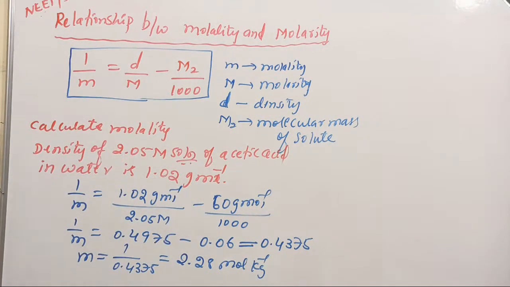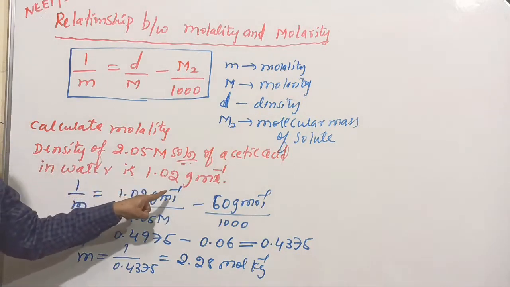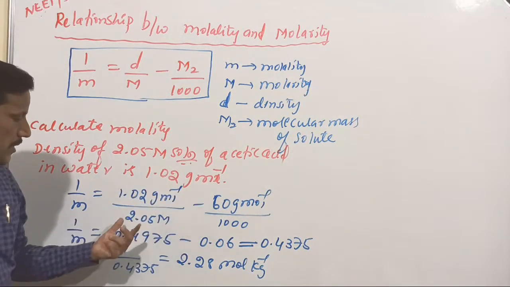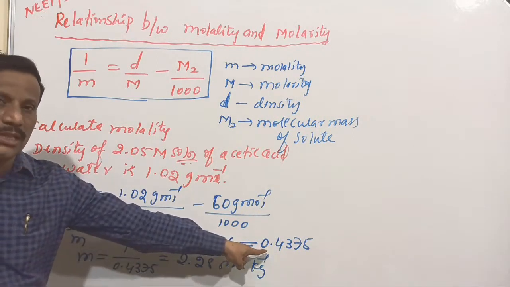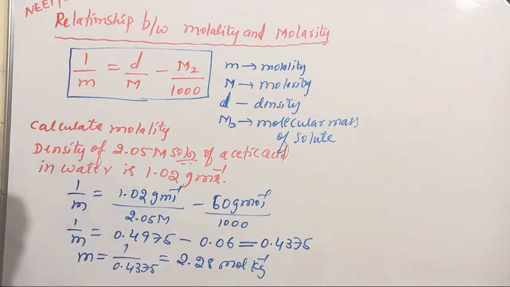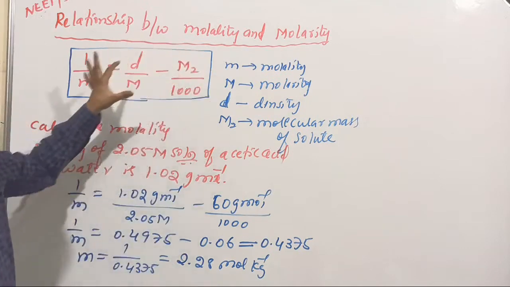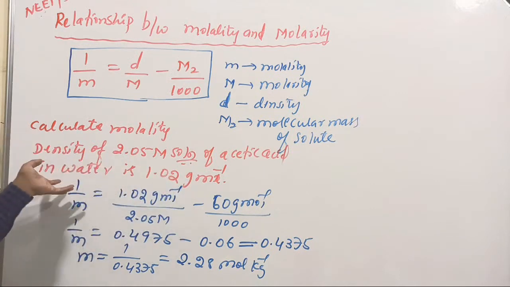This problem can be solved by other methods also, using 1.02 gram per ml, in 1 ml this much is solute, then molarity is given.